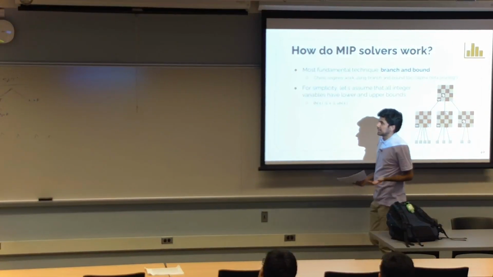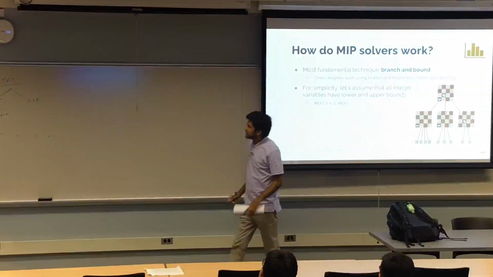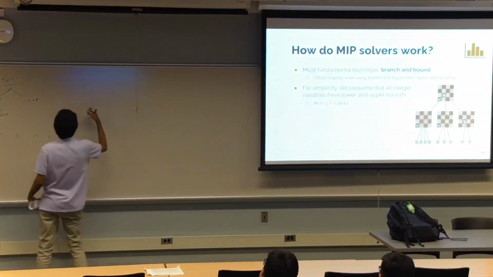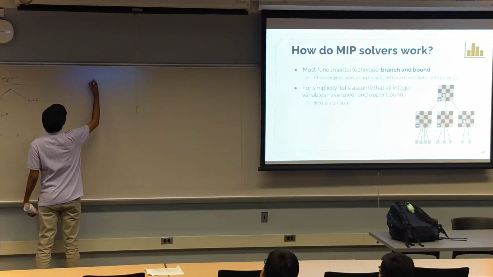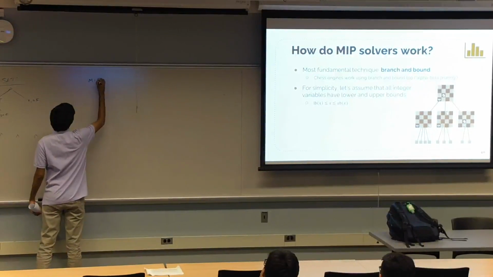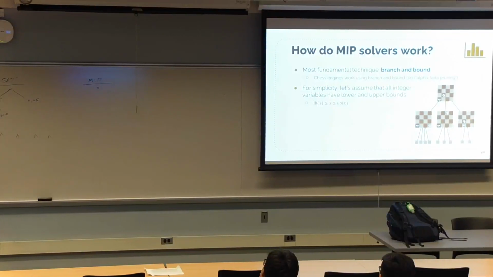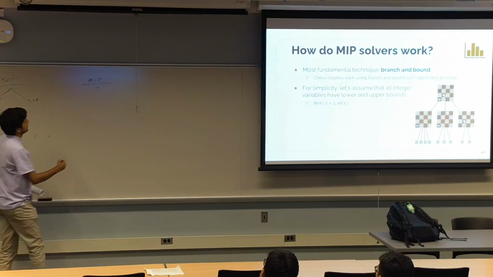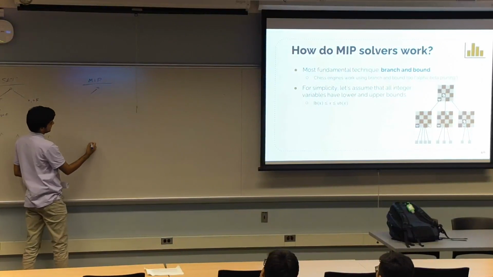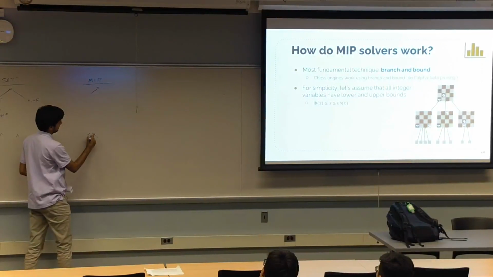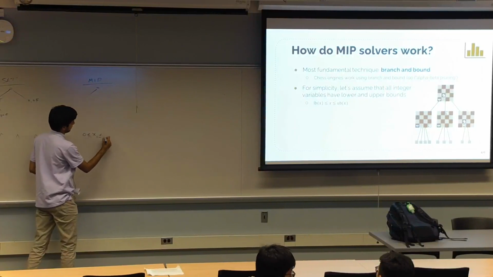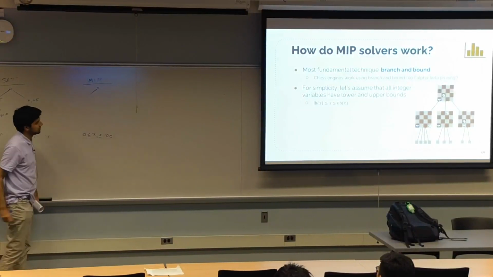So it's a very similar idea, except now our situation is a little bit more dire. We're in MIP world. Whereas before our variable was either true or false, now let's say we're dealing with a variable x1, which is between 0 and 100.